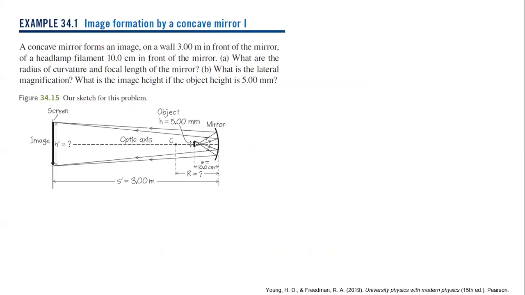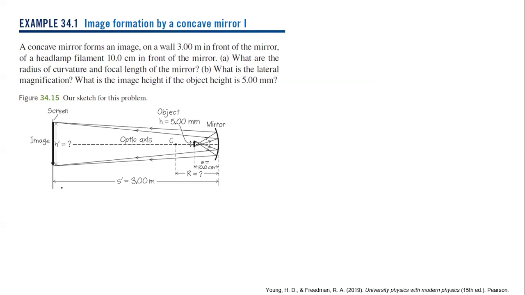So let's apply our concept to the problem in example 34.1. We have an image formation by a concave mirror. A concave mirror forms an image on a wall 3 meters in front of the mirror.